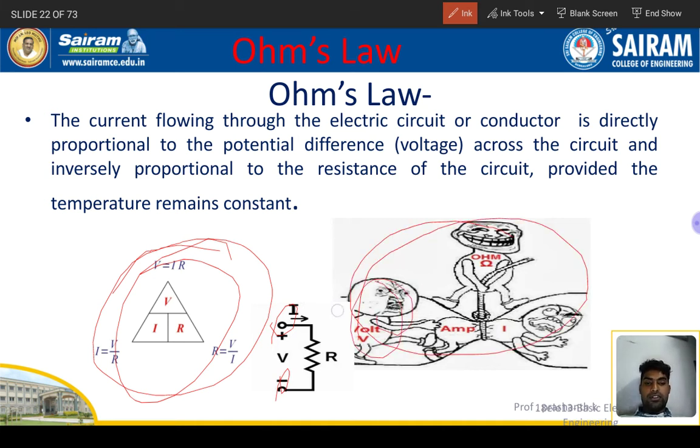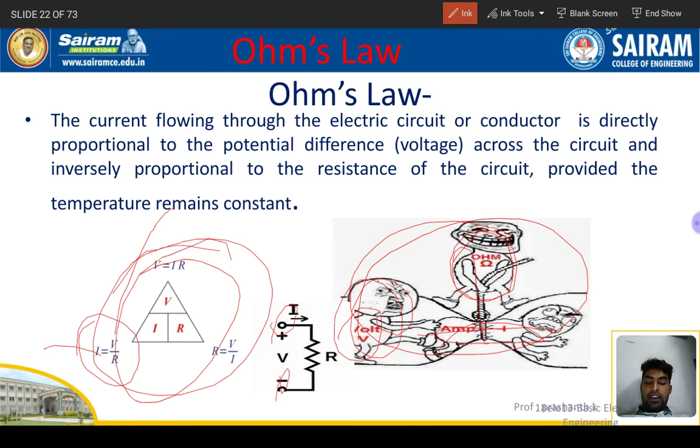Voltage is a pressure, current is here, and then the Ohm's law resistance. If somebody is pulling, what happens, the current flowing decreases. I is equal to V by R, as I already told you: if voltage increases, current increases.